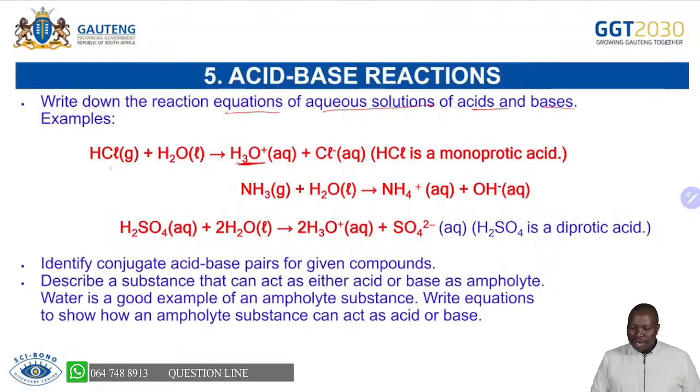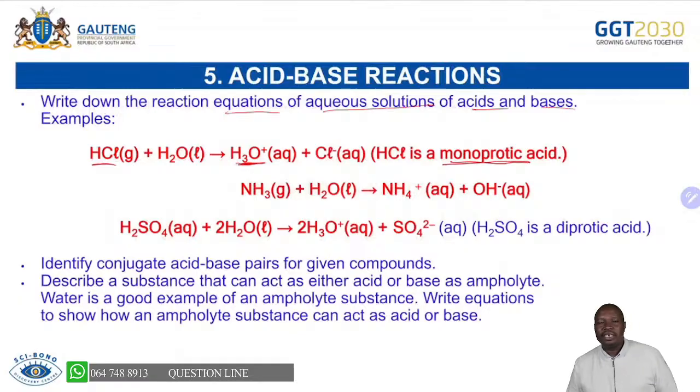You can see that we refer to HCl as a monoprotic acid. What does monoprotic acid mean? It means it can donate only one proton, because it has only one hydrogen ion. So we refer to it as monoprotic.